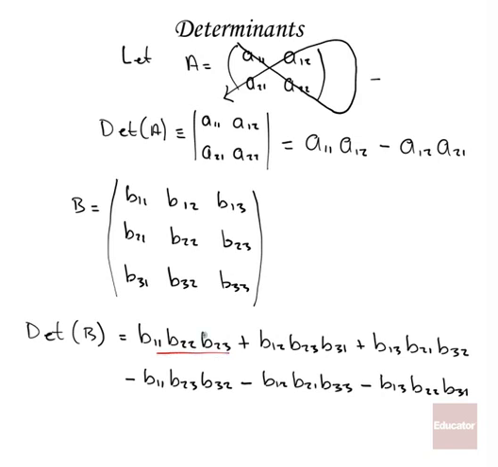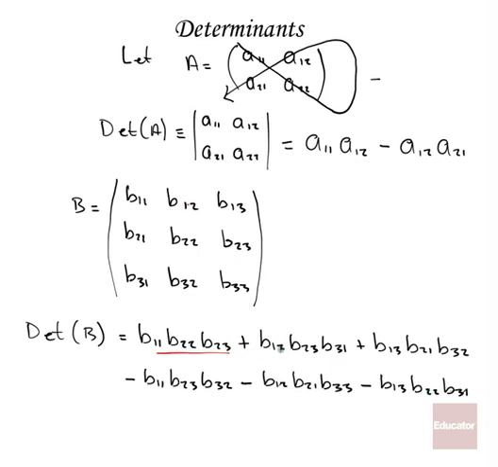This first one is B11, B22, B33. Going from top left to bottom right, multiply everything down this way.